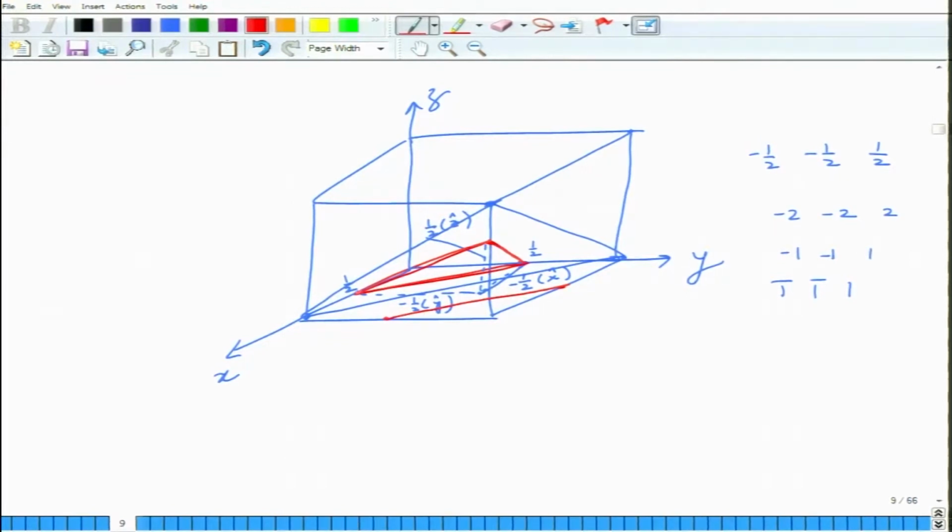Okay. So, basically this line is parallel to that line. So, you can see that if you choose this as the origin, O prime, this is minus half y, this is minus half x, and this is plus half z. So, this is how you can do it.